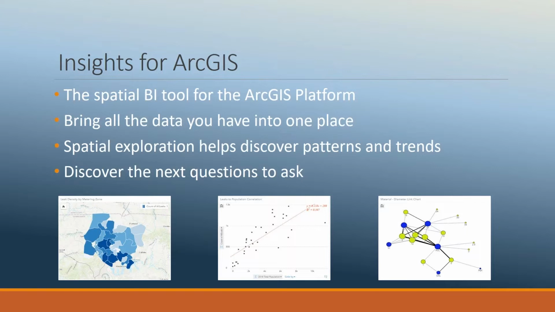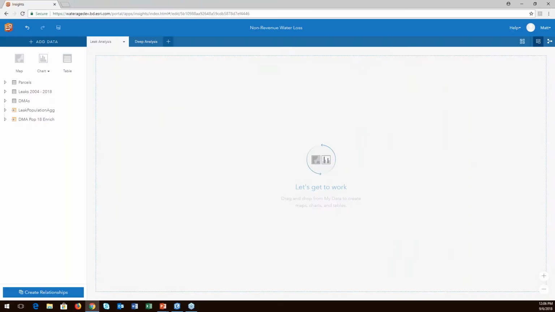You're not going to change where your data is stored, but you're going to be able to bring things into workbooks and conduct spatial exploration on that data, which will help you bring patterns and trends out of those tables and maps and different layers of information. It's going to help you notice things and hopefully help you discover what questions you should ask next of your data. So let's get a look at that.